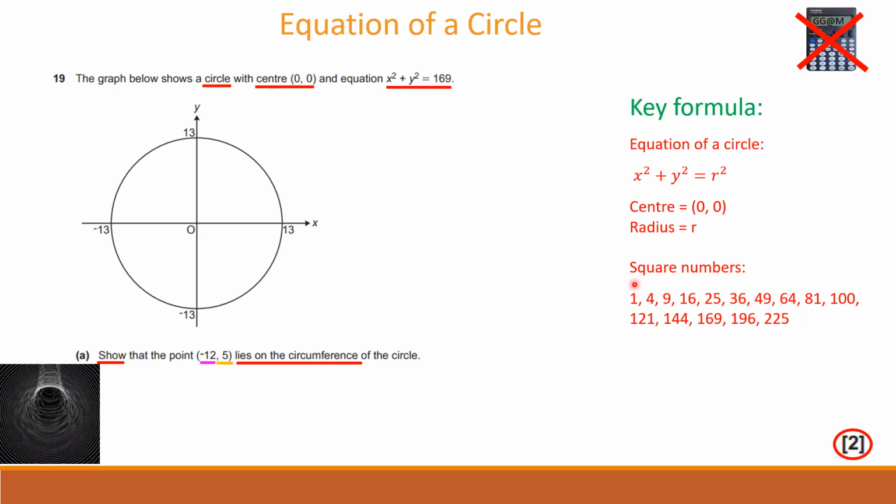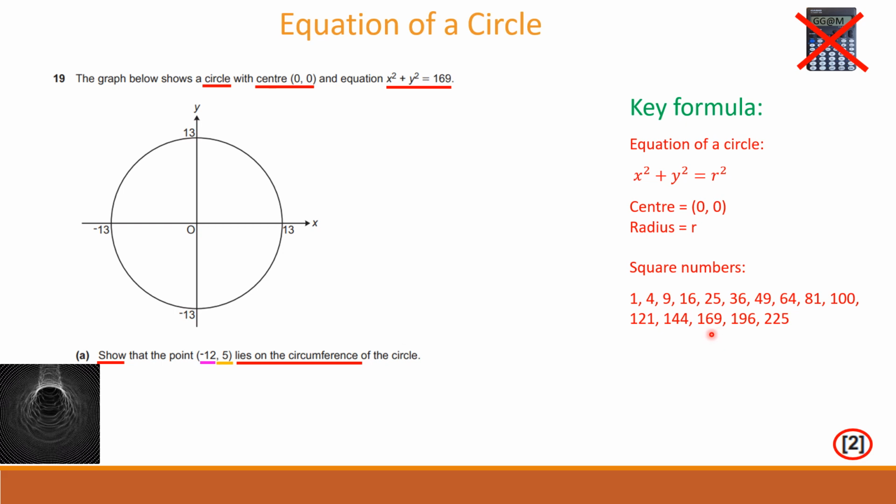So your first square number is 1 squared, which means 1 times 1 is 1. 2 squared is 2 times 2, which is 4. 3 squared is 9. 4 squared 16. 5 squared 25. 6 squared 36. 7 squared 49. 8 squared 64, 9 squared 81, 10 squared 100, 11 squared 121, 12 squared 144, 13 squared 169, 14 squared 196.